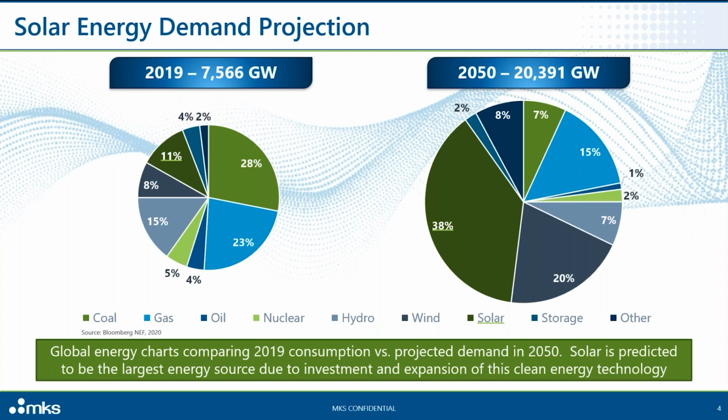In 2019, it was 11% of the generation for solar energy. It's projected to be the most dominant energy source in the future. A lot of this comes from investments at the corporate level and the government level in this clean energy technology to take advantage of our global consumption needs and demand increases.